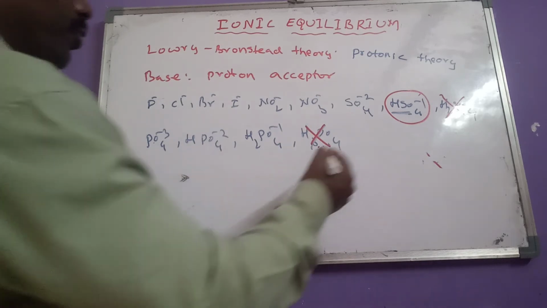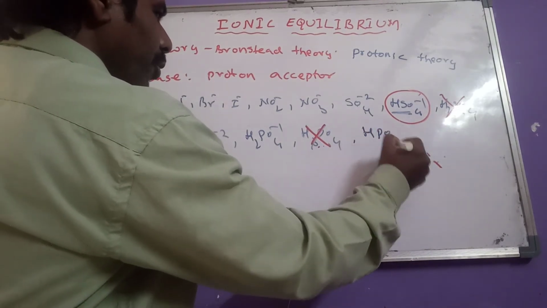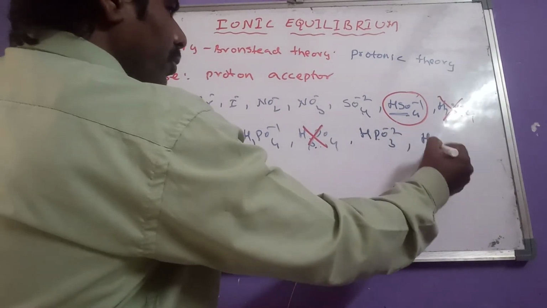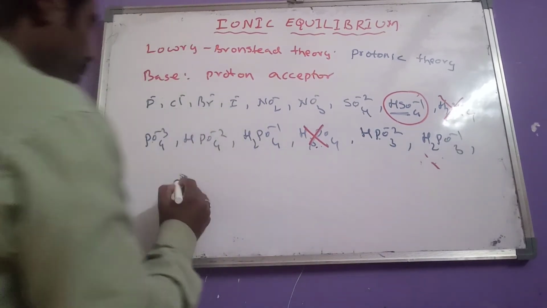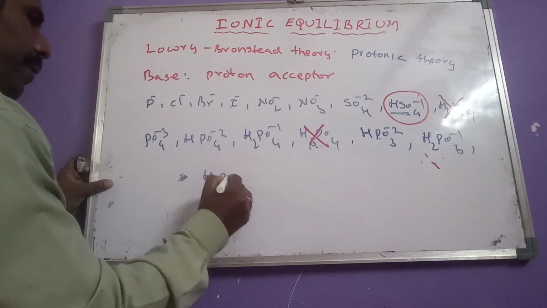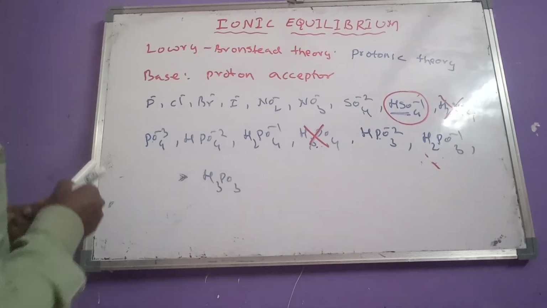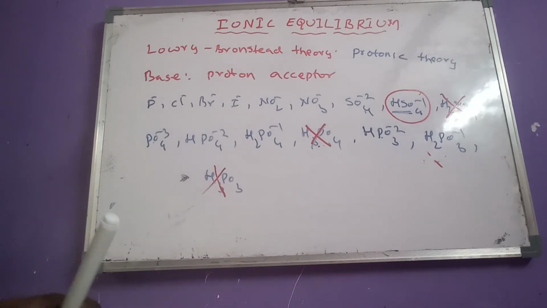Okay, now come to another example here. What is that? HPO3 minus 2. By accepting one proton, this gives H2PO3 minus 1. By accepting one proton, we get H3PO3. But this H3PO3 can't act as a base because it couldn't accept a proton.